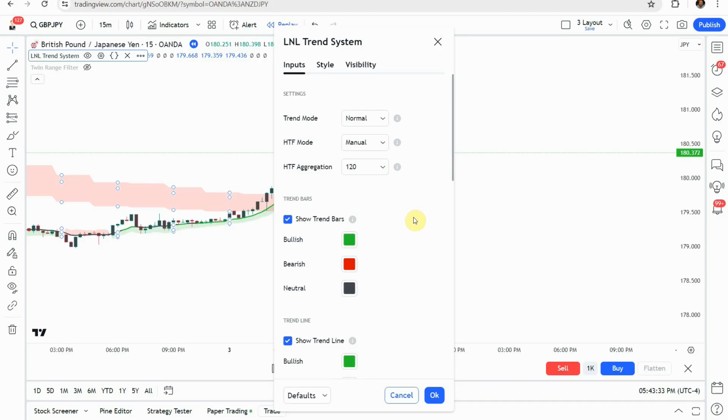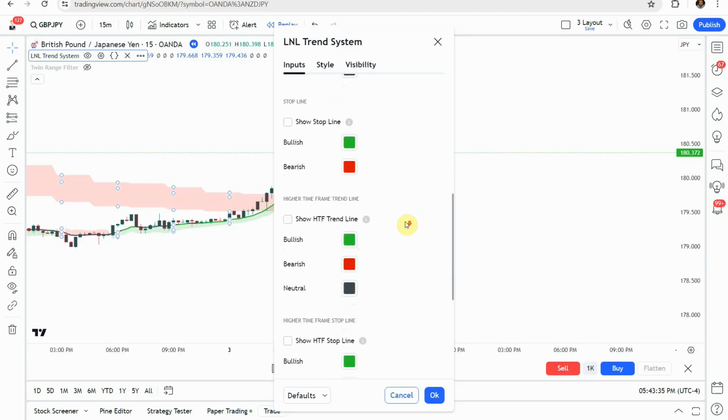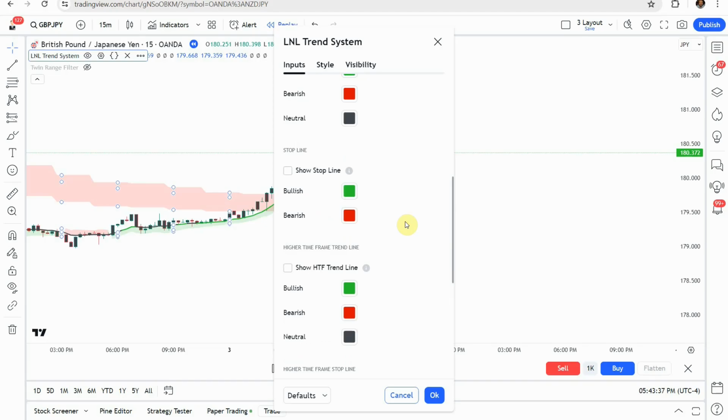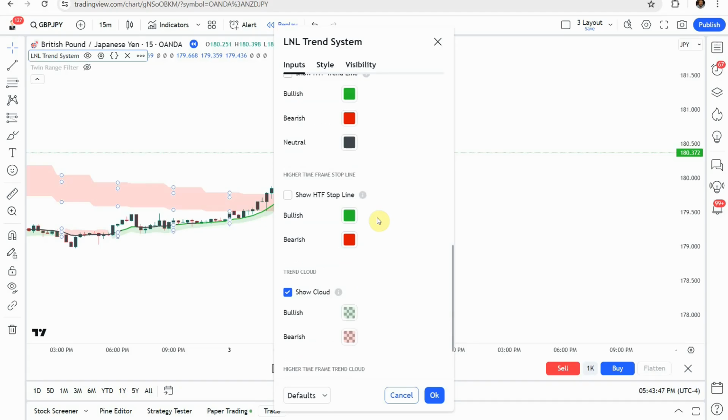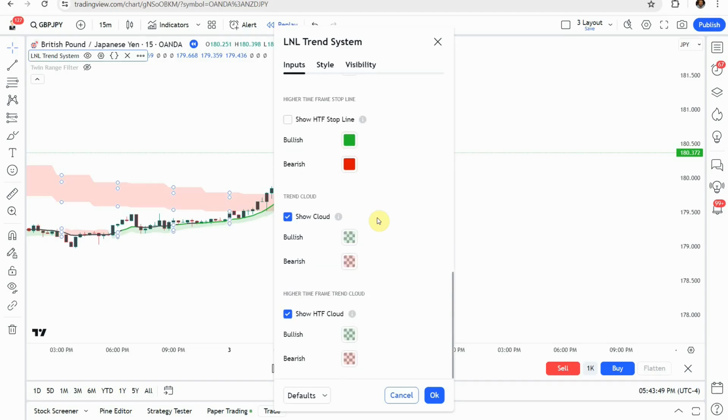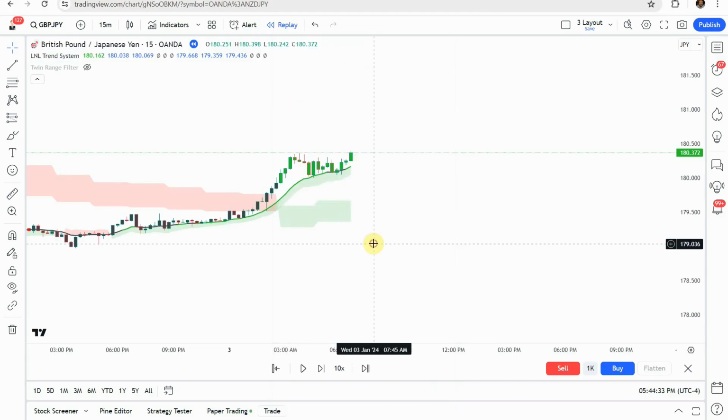Then what you will want to do is scroll down here and turn off the show stop line right here. And then the last thing I did was to turn on the show HTF cloud, this one right here. So you go ahead and click that one on.